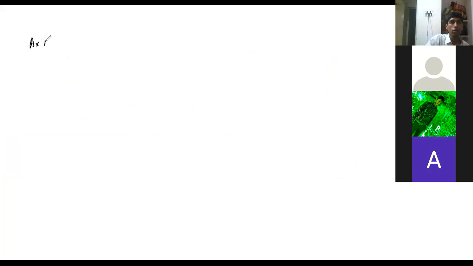So basically, A into A transpose turned out to be, I'm writing the same thing, don't worry: sigma x1 square, sigma x2 square, sigma x3 square. Sigma x1 square means x1 square plus y1 square plus z1 square. And this turned out to be sigma x1 x2, and this is also sigma x1 x2.